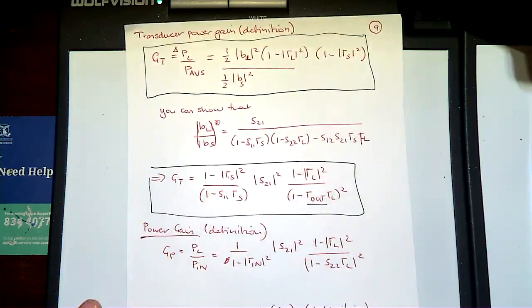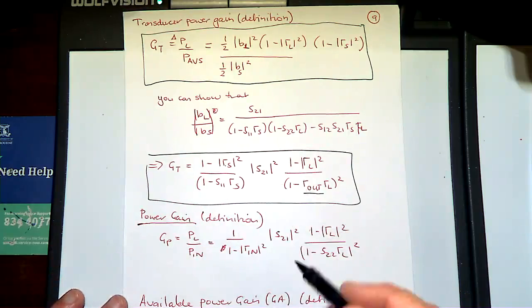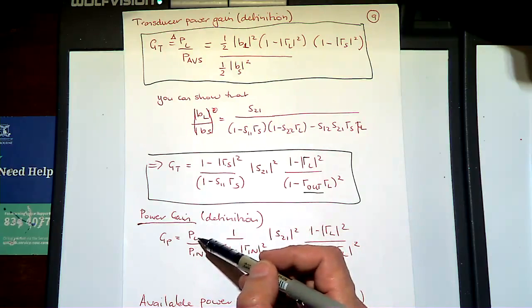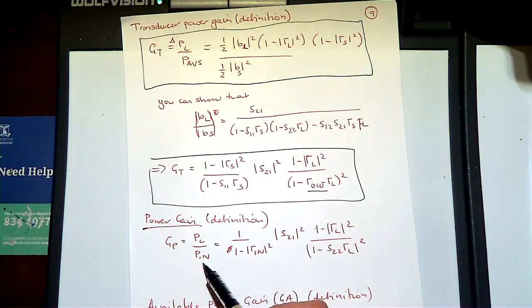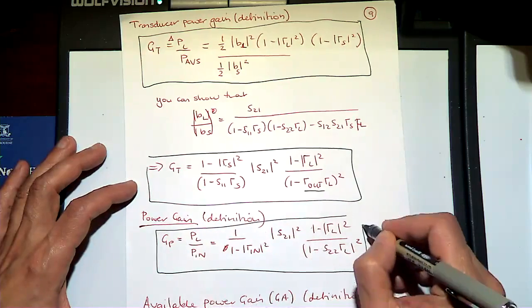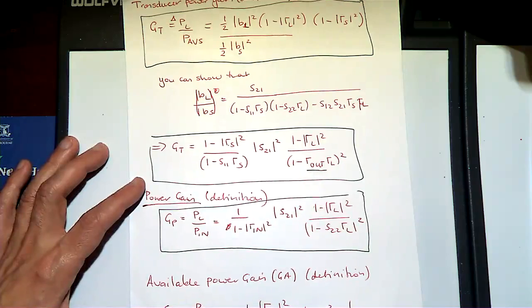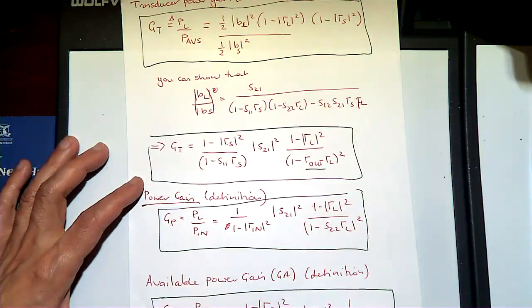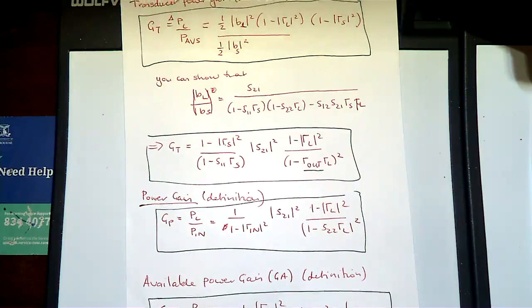Now, likewise, we'll define power gain, which is essentially the power that's delivered to the load to the power that's input to the network, and you can actually show that this relationship holds. And we can also talk about the total available power gain.